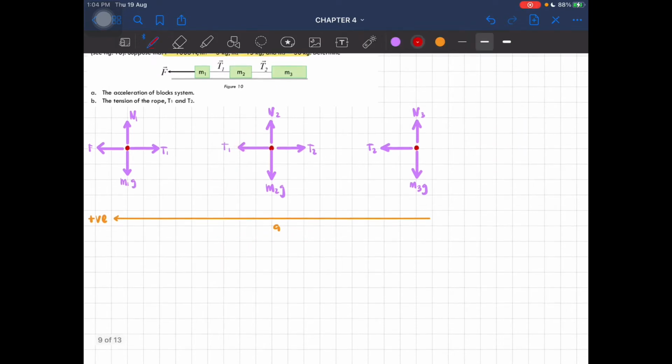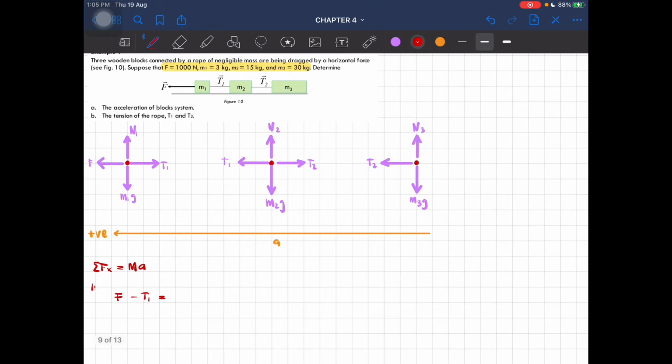So now I won't do it on a table, I would just write it down. So total force at X is equal to MA. Okay, so let's look at block number 1. We have F following the direction of acceleration, so positive, minus T1 because it is against the acceleration.